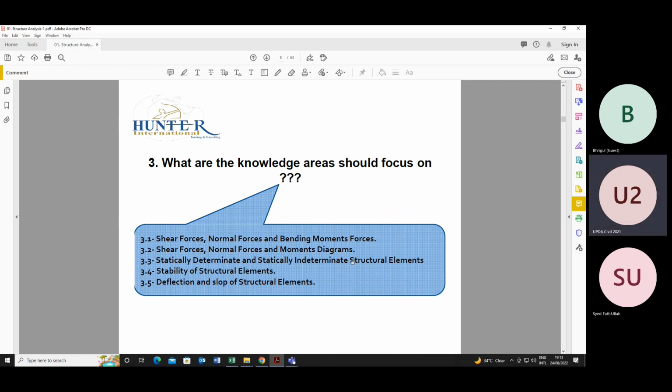What are the knowledge areas you should focus on? There are many terms like shear forces, normal forces, and bending moment forces. Then statically determinate and statically indeterminate structural elements, stability of structural elements, and deflection and slope of structural elements. These are the various topics which will be covered mostly in the lecture.